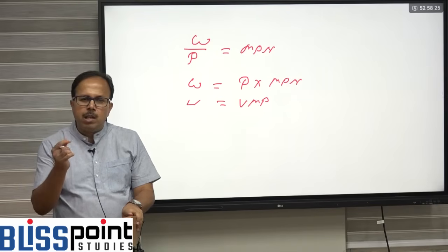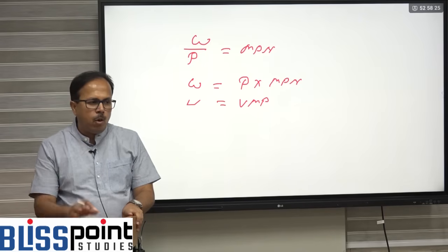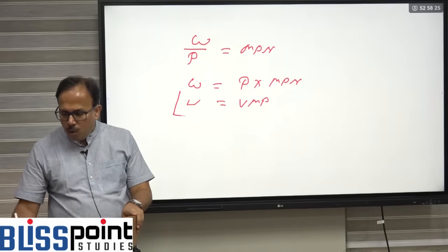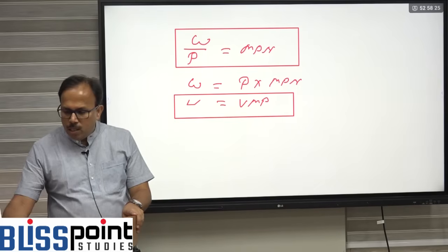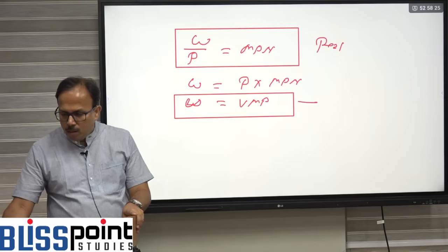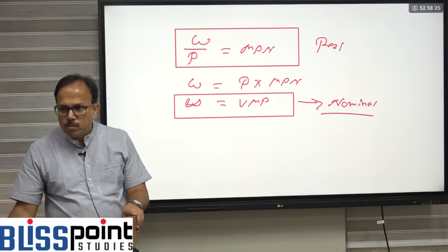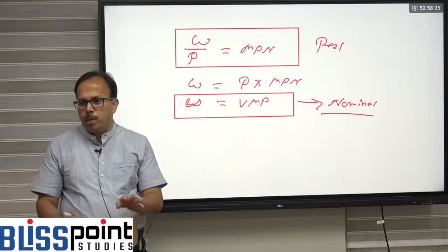W by P is a real wage and only W money wage. ये money है, nominal है. So this is written in real sense, and this is written in nominal sense. Nominal wage equal to VMP, real wage equal to MPN.